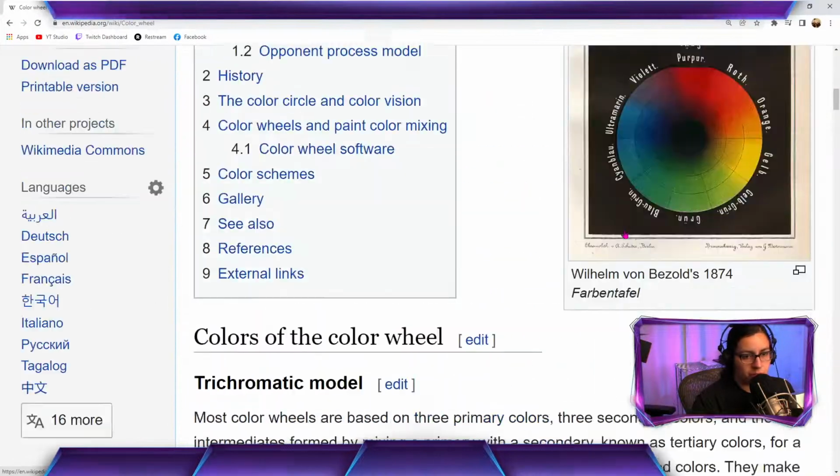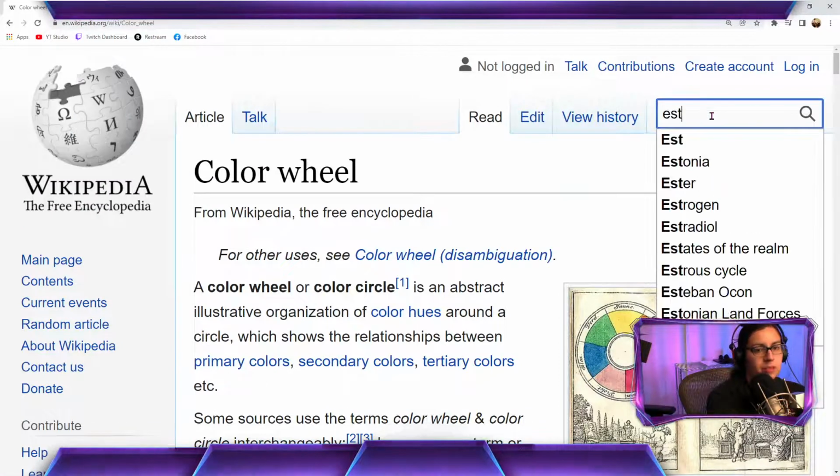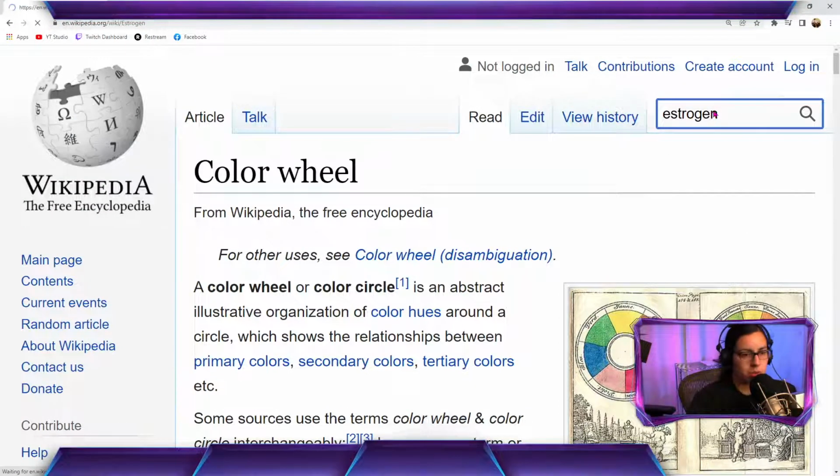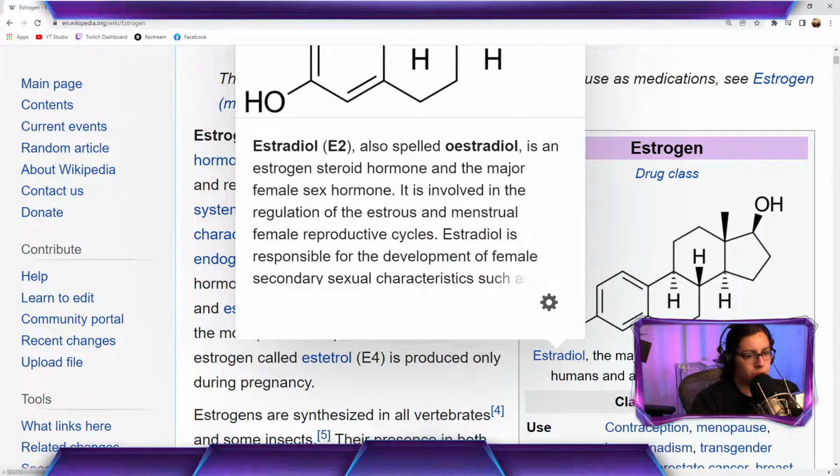And so there's lots of other substances. So your book also mentioned estrogen.